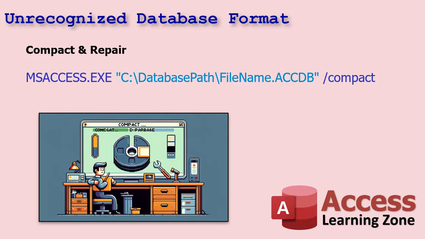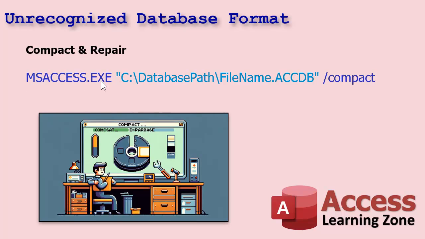Now, if somehow you're not able to open it, if you try to open that database file and Access still gives you the error message and it won't let you even get to the compact and repair menu, you can do this from a command prompt. I would recommend, see if msaccess.exe is in your path. If it's not, just copy your database file to the msaccess.exe folder in your Office folder. Right? Or type in the full path to msaccess.exe.